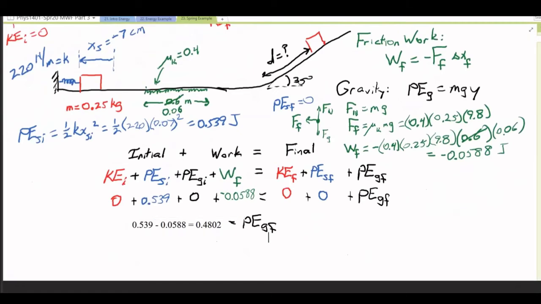So let me make sure I have my calculation set up over here. And we're just going to take that plus that negative number to get that. All right. So now what do we do with this?